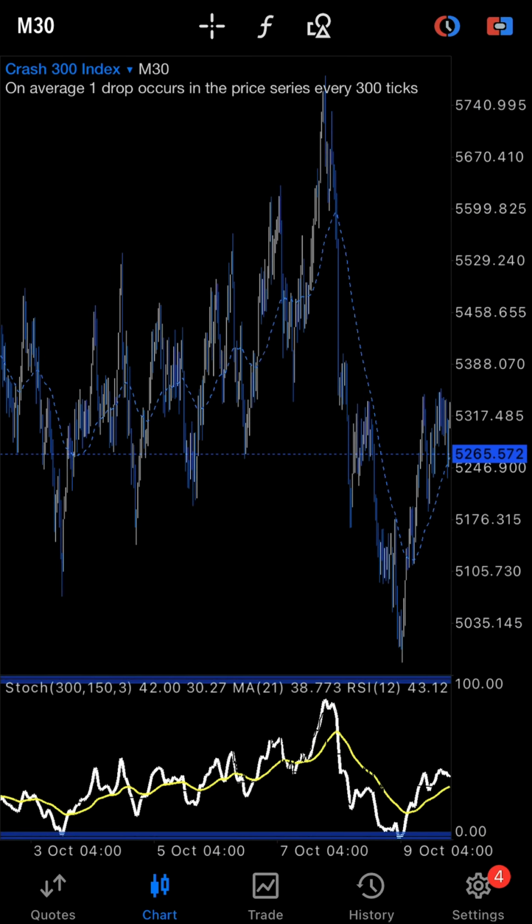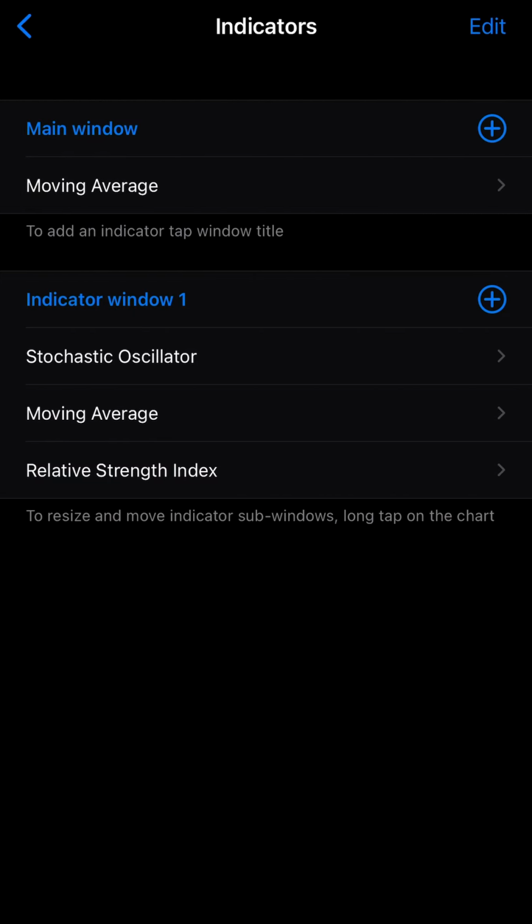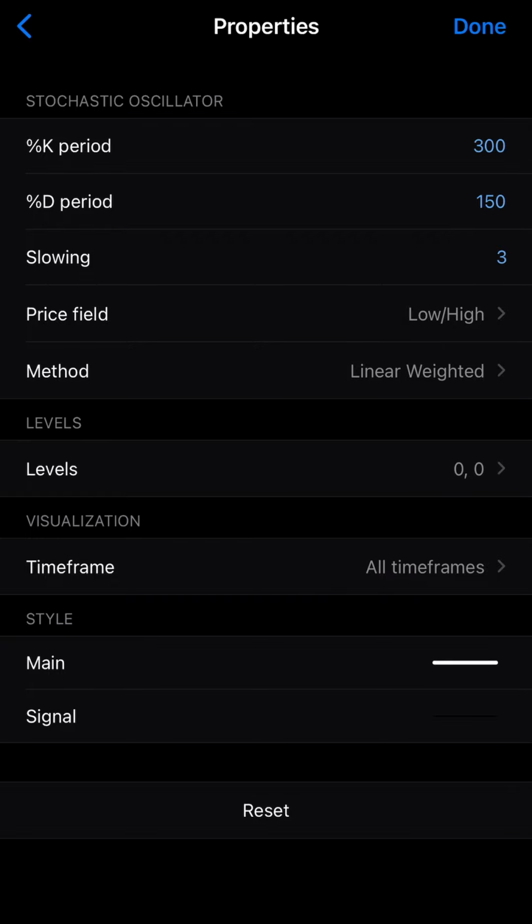Then on indicator window 2, set the stochastic oscillator. The K period is 300, the D period 150, then the slowing 3, method linear weighted.